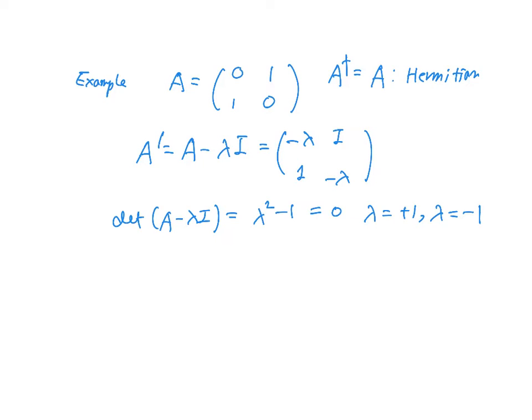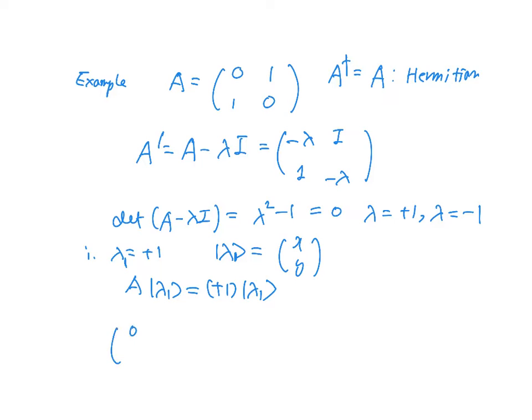So let's try to find the orthonormal vectors. Case number 1, when lambda equals plus 1, we say the vector is x, y. I'm going to call it lambda 1, with eigenvalue plus 1. So A lambda 1 is plus 1 lambda 1, right?